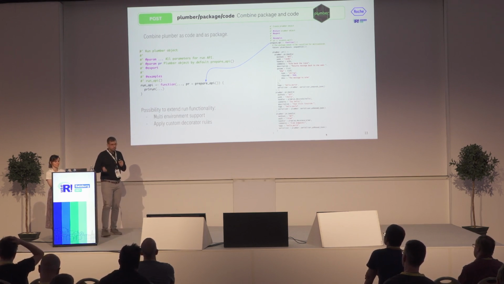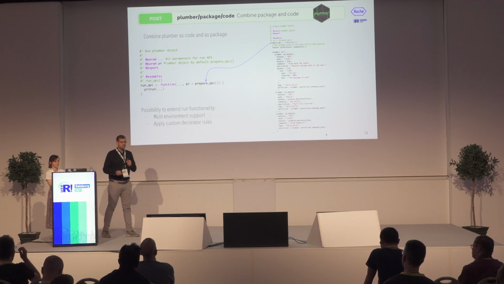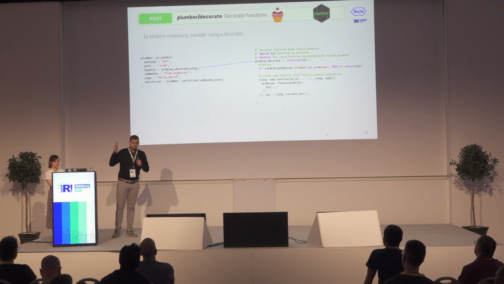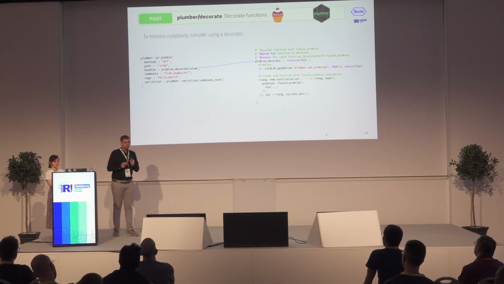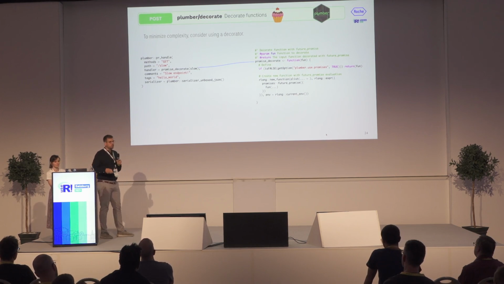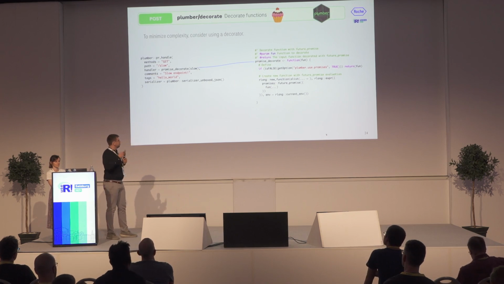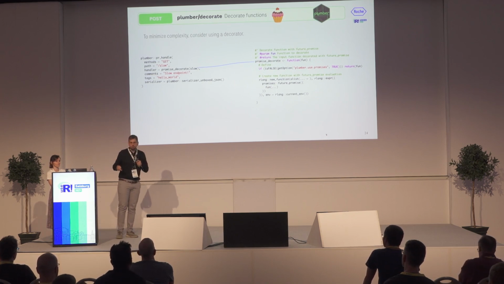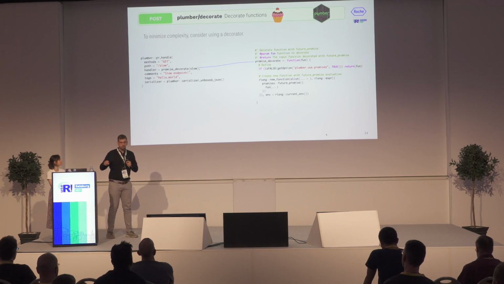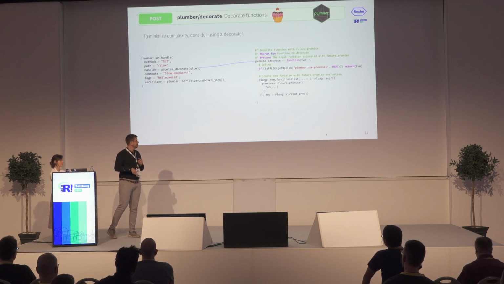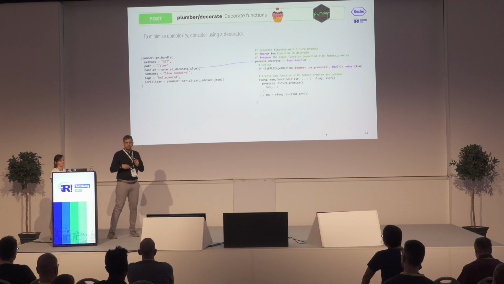And one really nice approach is also applying a custom decorator. So what is a decorator? In simple words, a decorator is a function that changes the behavior of another function. If we do not want to complicate the existing business logic and do not want to add extra code to the function that we already have, or for example, we migrate from one Plumber structure to another, we can do this using a decorator.